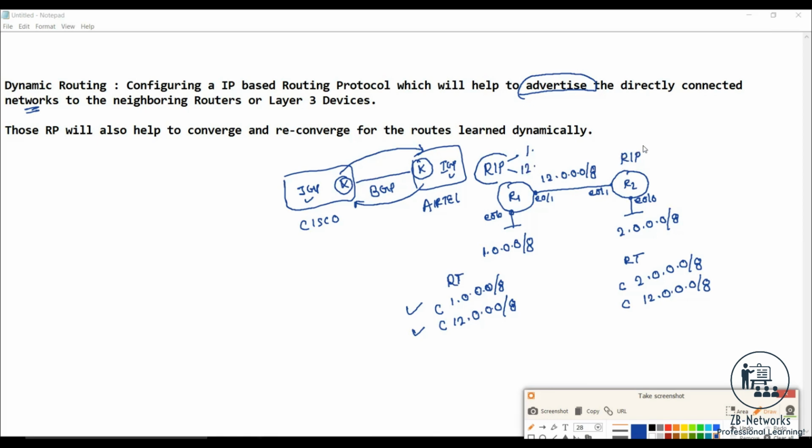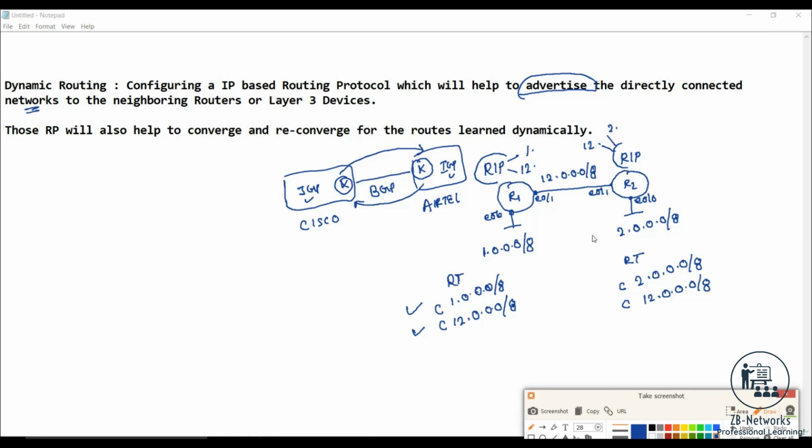Likewise, you inform the RIP protocol on the other router that it has two networks, the 2.series network and the 12.series network. Now what is the job of RIP? The purpose of RIP is to advertise those routes to each other. So RIP of R1 will advertise the connected routes configured to it to R2, and R2's RIP would advertise the connected routes configured to R1.